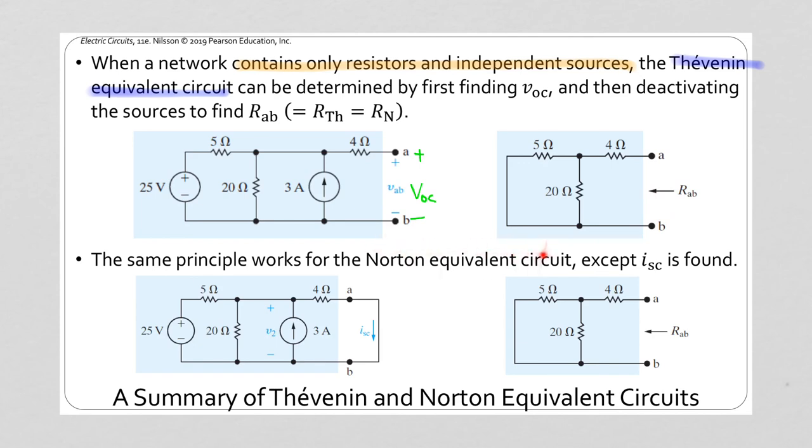If you want to find the Norton equivalent circuit, you can use the same method, but in this case, you would find the short circuit current instead. But again, as long as there are only independent sources, you can deactivate all of those sources and calculate the resistance directly. This resistance, as seen from terminals A and B, is both the Thévenin and Norton equivalent resistances.